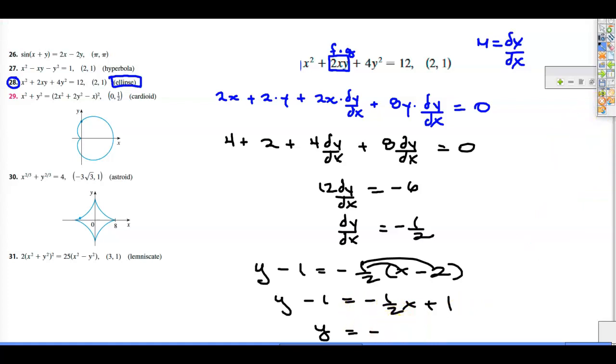Let me write this clearly, this tablet is problematic. I noticed on our previous game that some folks were leaving it in this form, but we always express our tangent lines in the form y equals mx plus b, which is slope-intercept form.